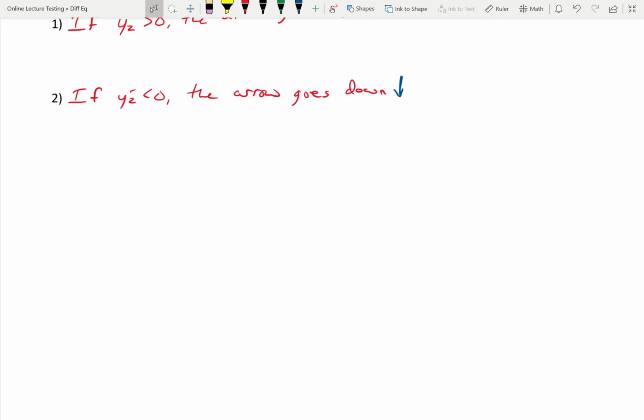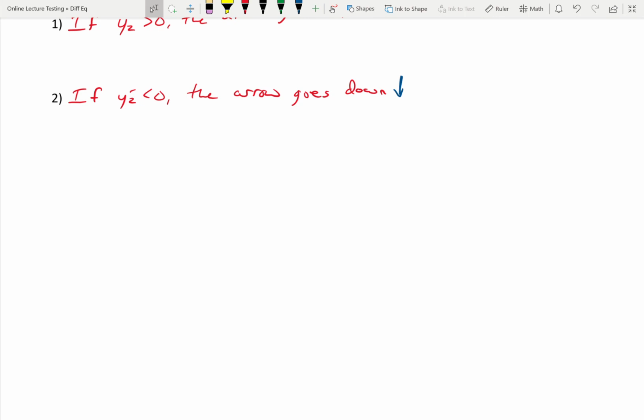You just have to be careful. Your y1 prime is your x function, and your y2 prime is your y function. That's the only difference, so instead of y1, y2, they have x and y. That's the biggest thing when you're graphing them.